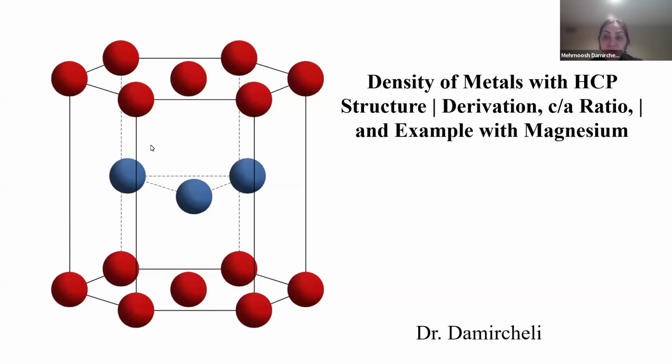Hello everyone, today we are going to talk about how to calculate the density of metals with hexagonal close-packed, or HCP, structure. This video explains key features of HCP crystals, derives the ideal ratio of C over A, calculates the unit cell area and volume, and applies the density formula using a case study, for example magnesium.